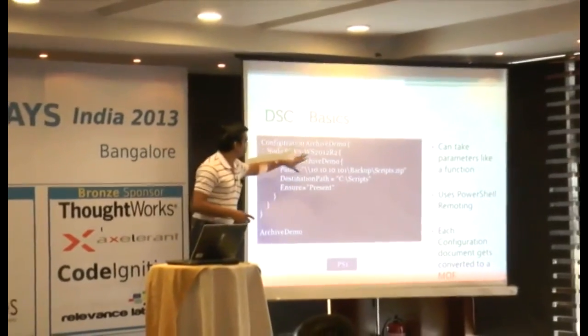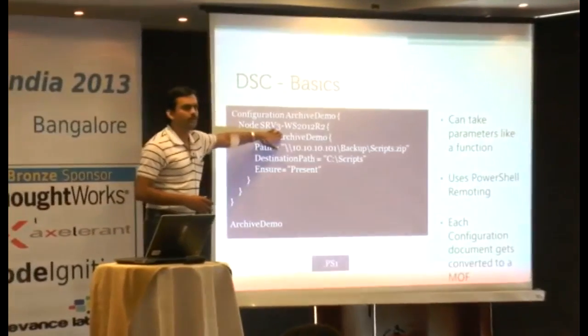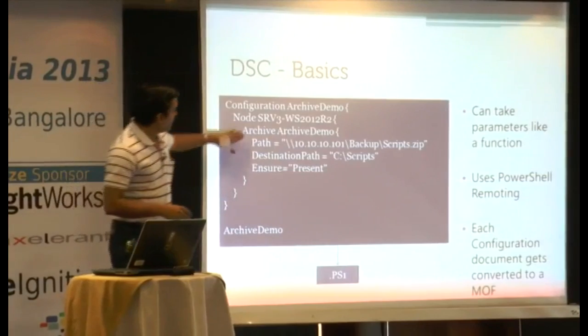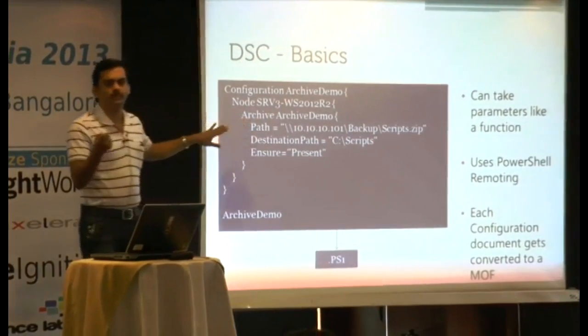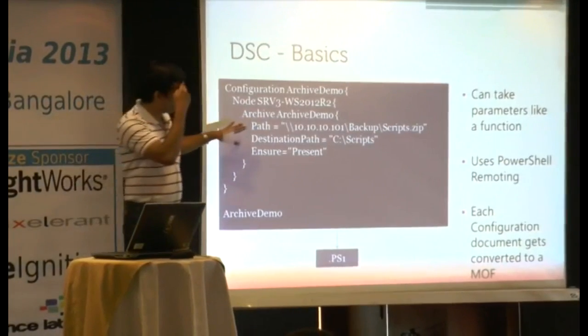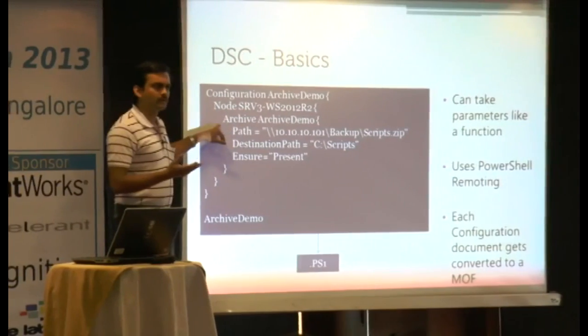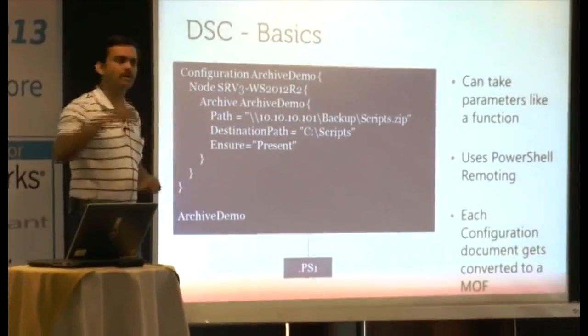And this is just the name that we can give. Any name will do there. A Node basically identifies a computer where this configuration will be applied. Okay? Archive that you see here is a resource name. Think of it maybe like, I don't know what they call it in Puppet or Chef, it's a provider basically, right? I have a provider which basically understands how to apply this configuration on a target node.